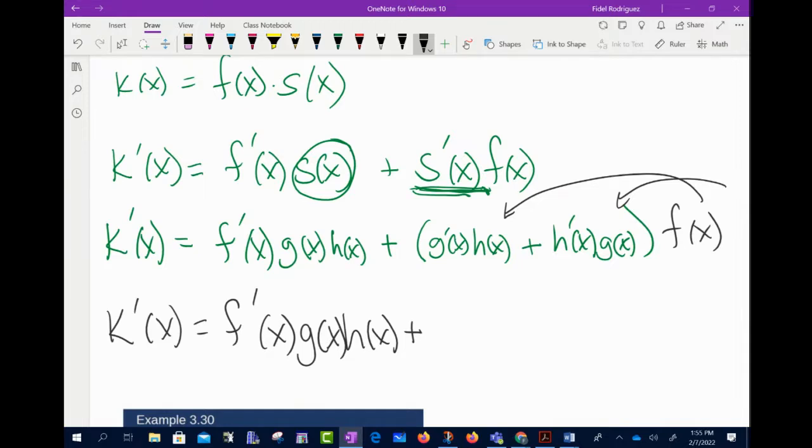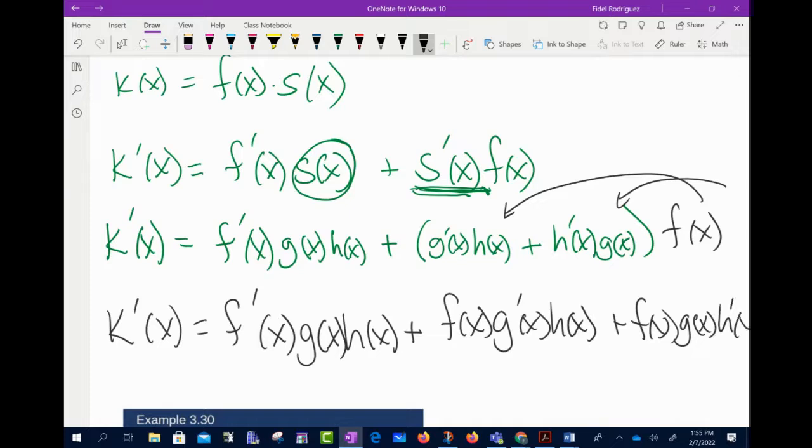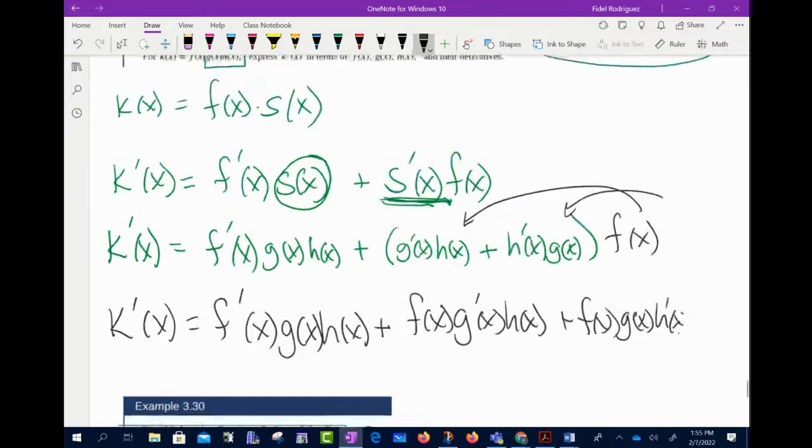F, G, or H? F, right? So f of x, we all going A, B, C, D, E. We are going like that? Okay. G prime of x and h of x, and then f of x, I'm still going to go in alphabetical order, g of x and h prime of x.